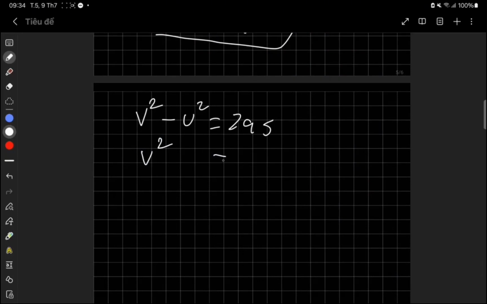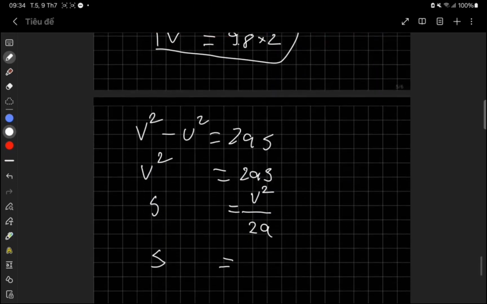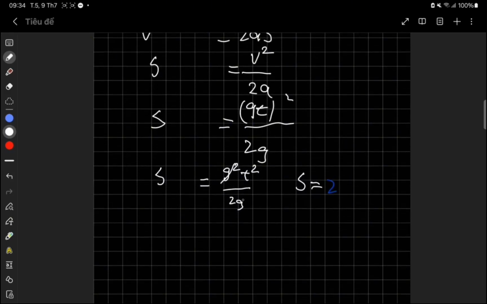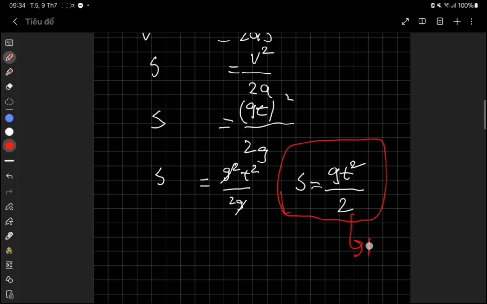So this will be the formula for the height.